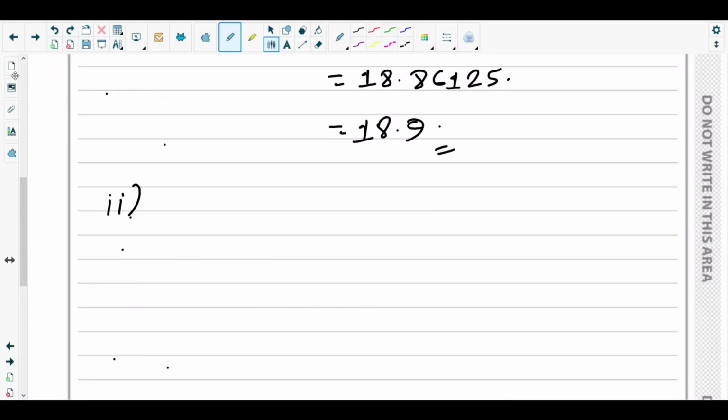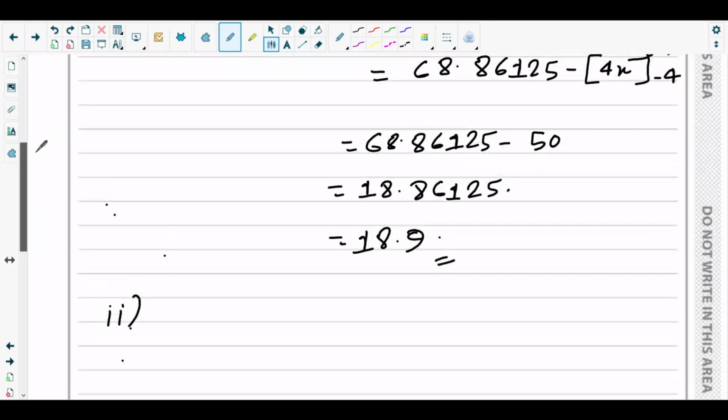So twice the answer of part B. The answer of part B was 68.86125, we got it earlier.